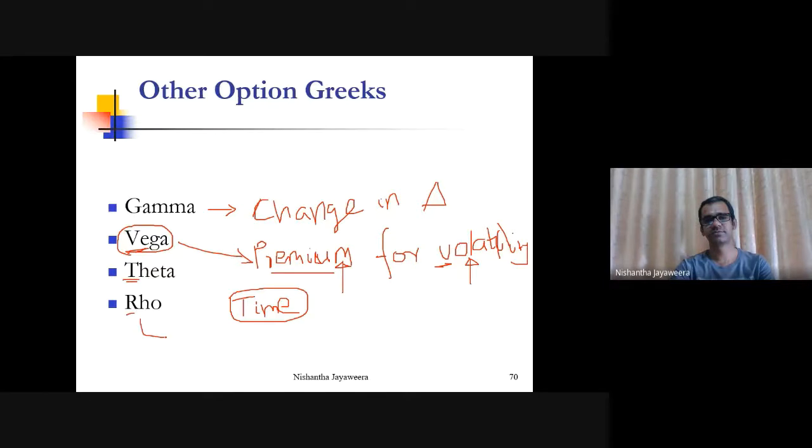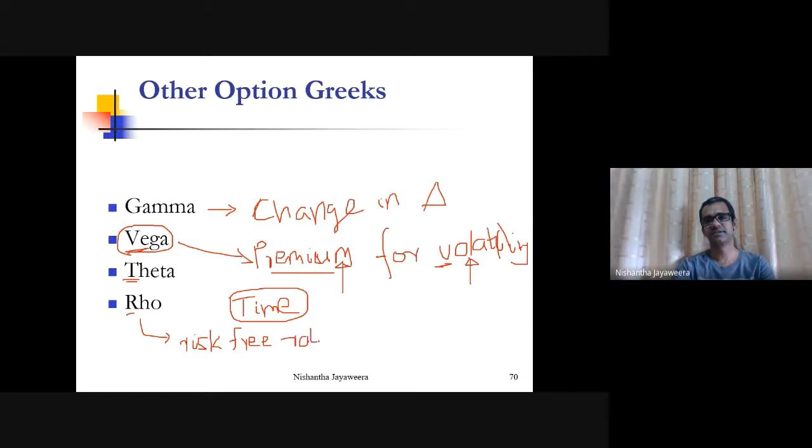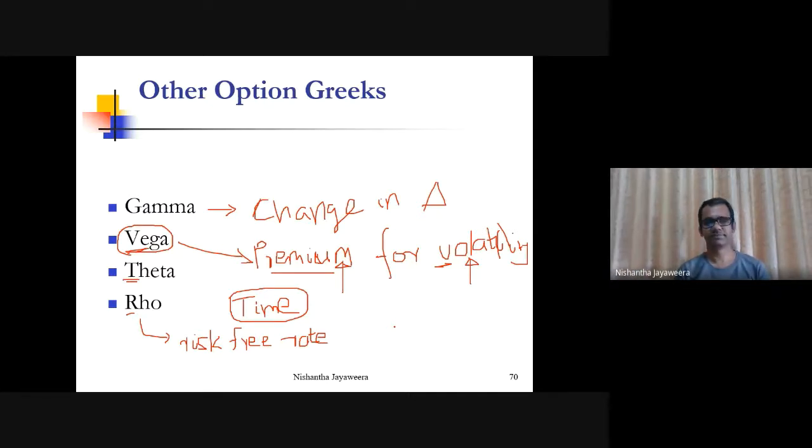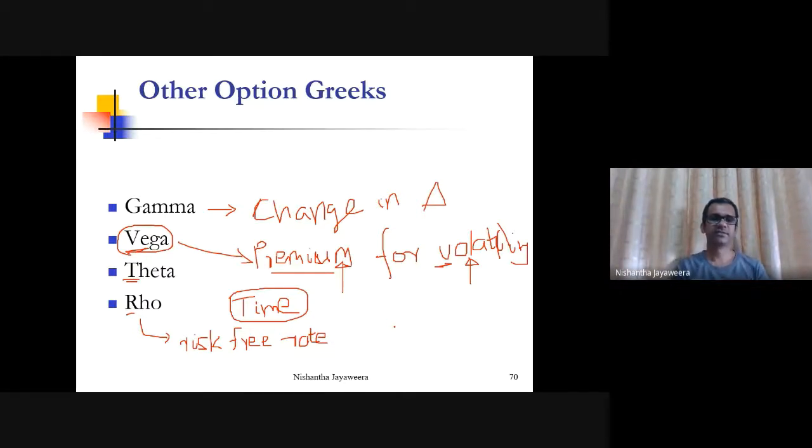Rho, that is the sensitivity for what? Risk-free rate. That means the interest rate. If the interest rate changes, what would be the impact on the premium? How sensitive the premium is for a change in risk-free interest rate. So those are the option Greeks.